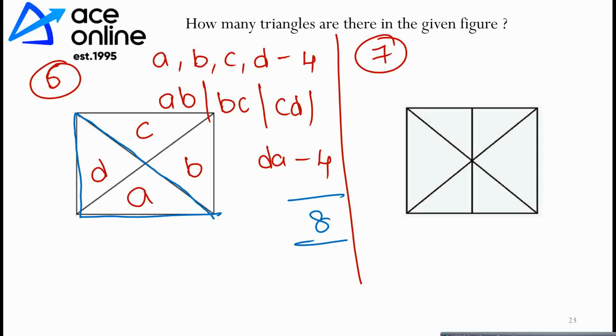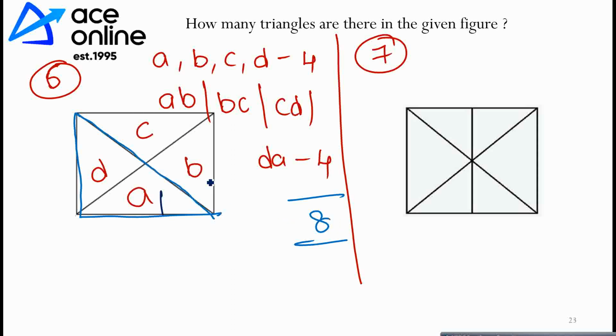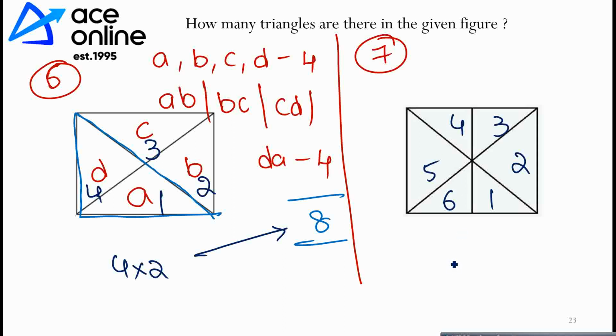Right. Now what is the shortcut? Write numbers. 1, 2, here 1, here 2, here 3, here 4. What's the last number? Double is your answer. Here 1, 2, 3, 4, 5, 6. What is the last one? Double is your answer.